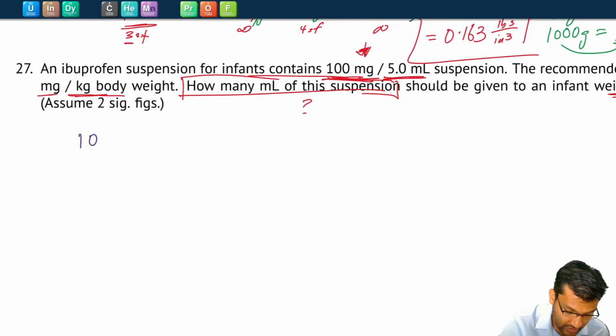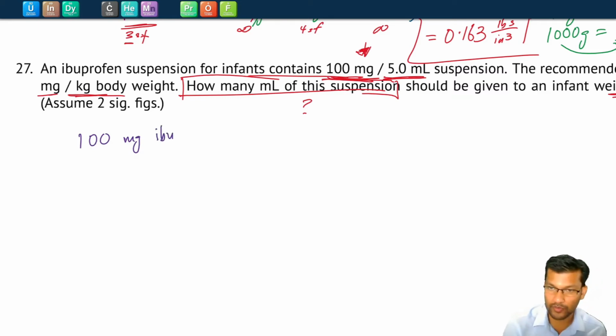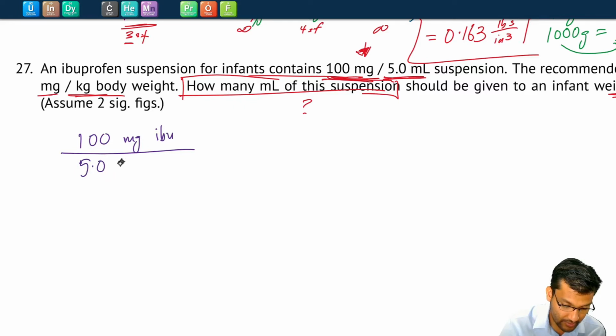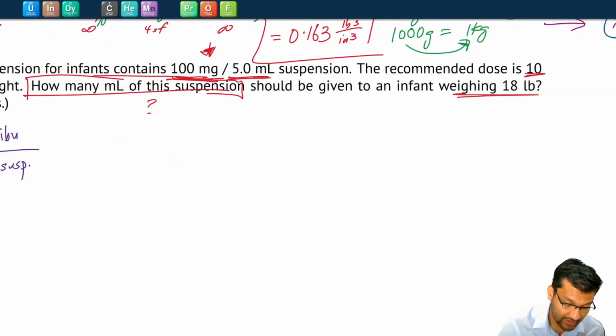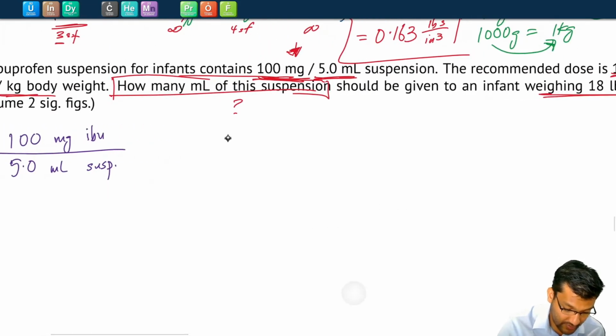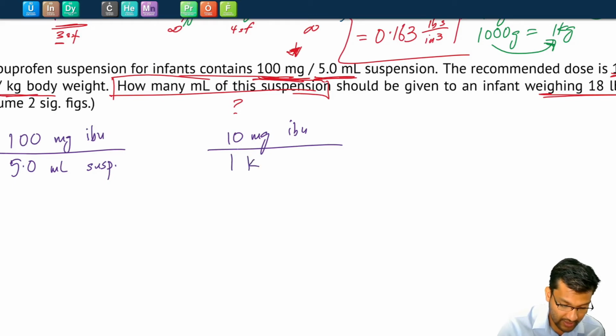We're given 100 milligrams, but this mass is of ibuprofen, per every 5.0 milliliters of suspension. Let's just put SUSP for suspension. We're also given the recommended dosage is 10 milligrams of the ibuprofen per every 1 kilogram of body weight.